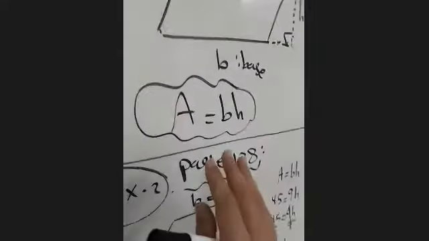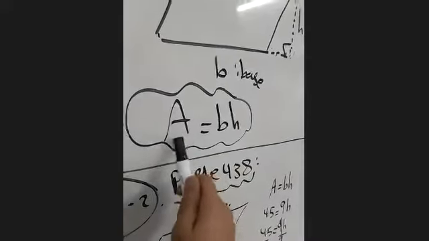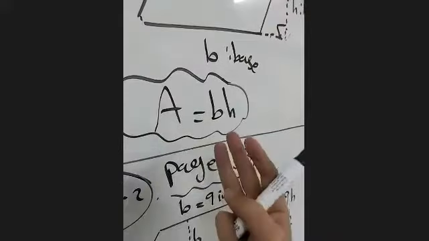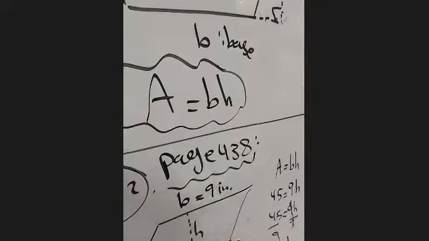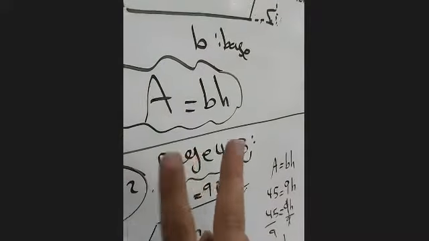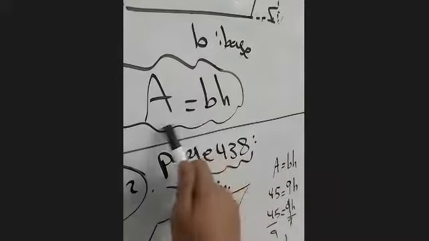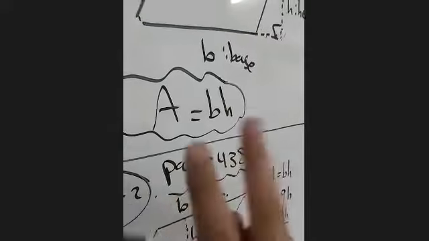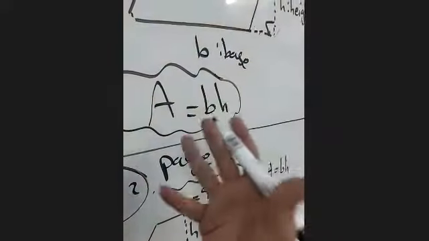Now here, we have 3 variables, A, B, and H. The question should give you 2 of them, any 2: A with B, B with H, A with H, whatever. So the question gives you two variables and wants from you to find the third one.